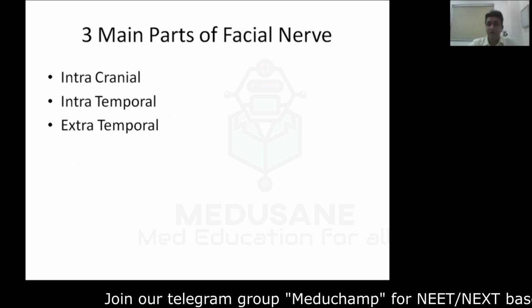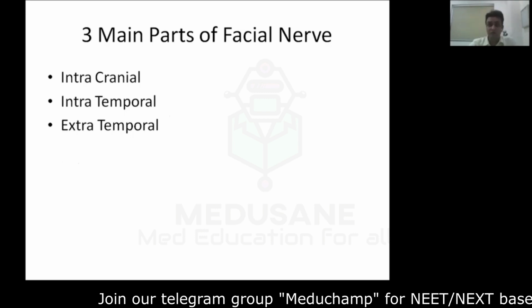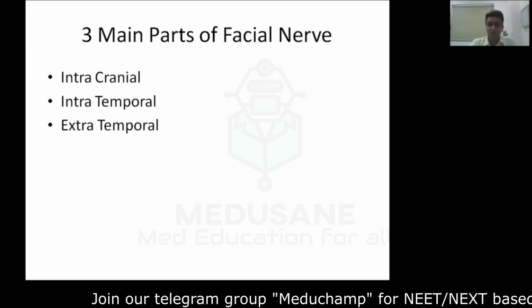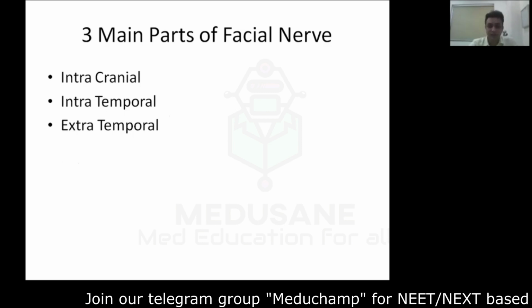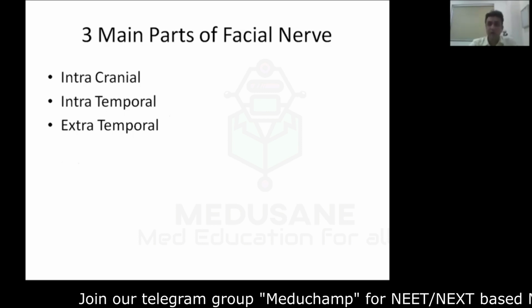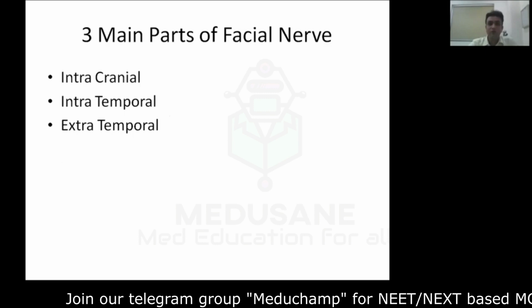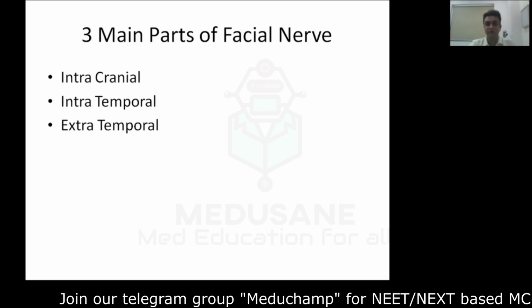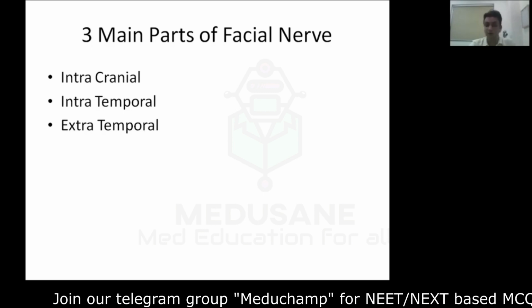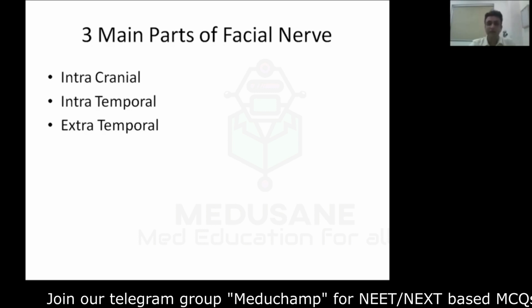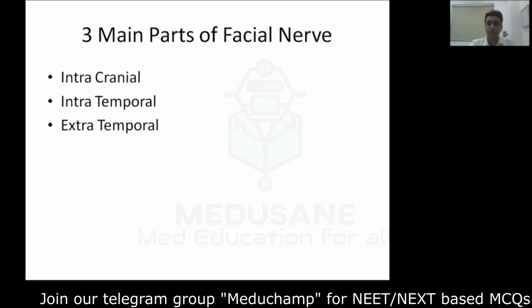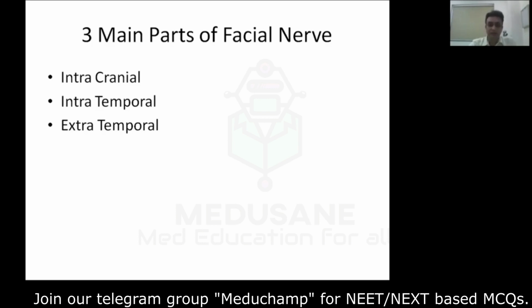Intratemporal part means the part of the nerve in the auditory canal, then inside the middle ear. The extratemporal part means when the nerve leaves the stylomastoid foramen, comes out of the skull, and then joins into the parotid gland.